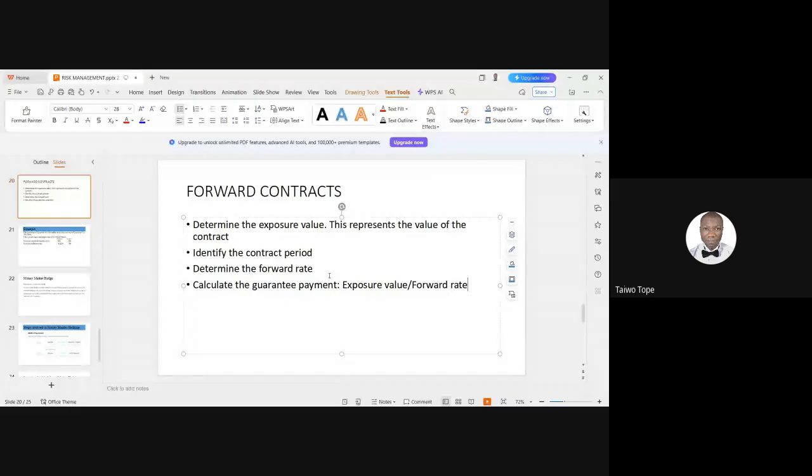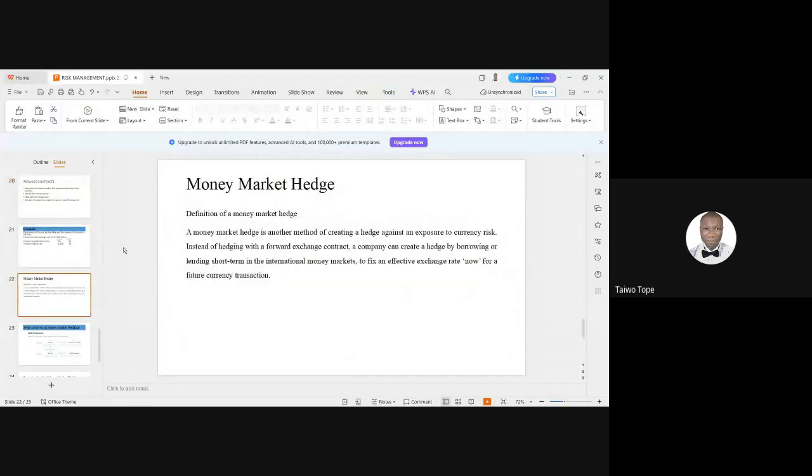So we also have another way you can hedge against fluctuation in the foreign exchange market: the money market hedge. This money market hedge is a technique used to lock in the value of a foreign currency transaction in a company's domestic currency.